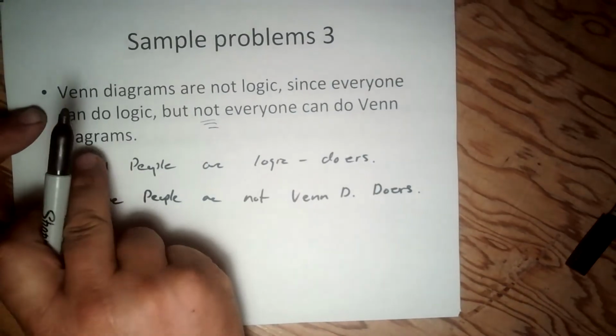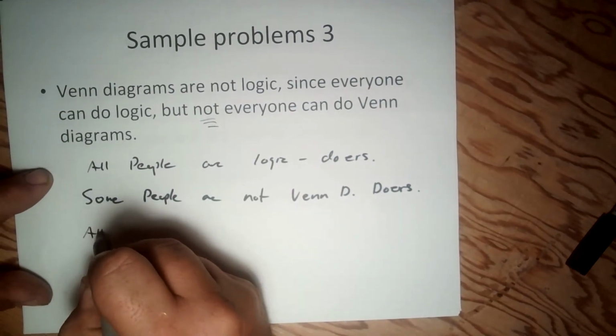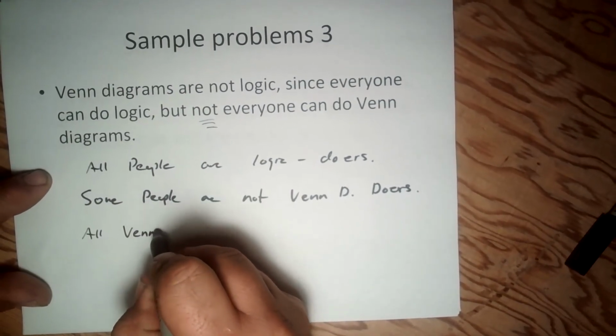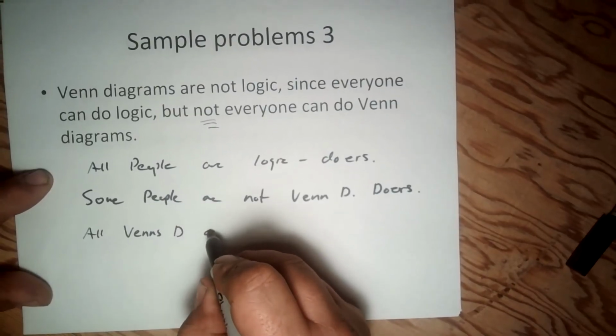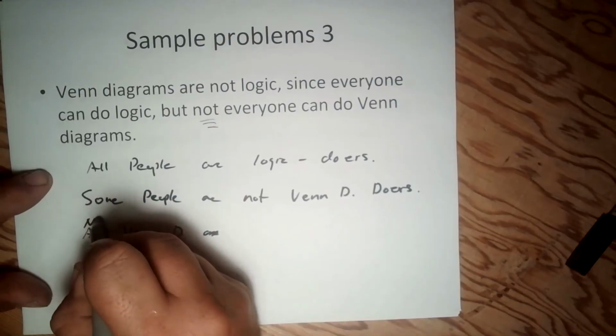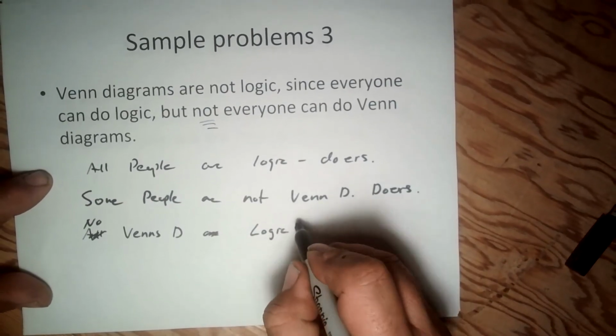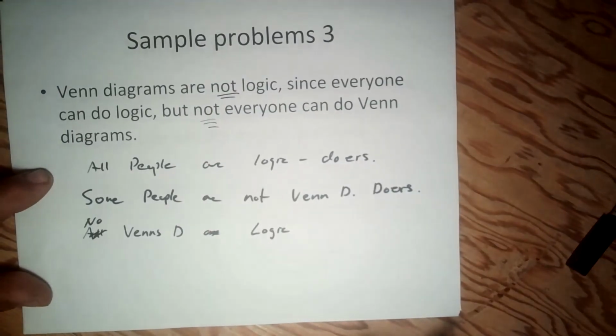And now the conclusion, Venn diagrams are not logic. Oop, and I should say no, Venn diagrams are logic. Got to make sure I get my not in the right place.